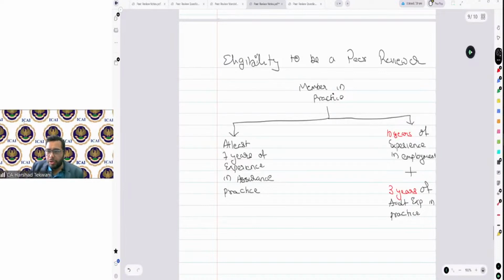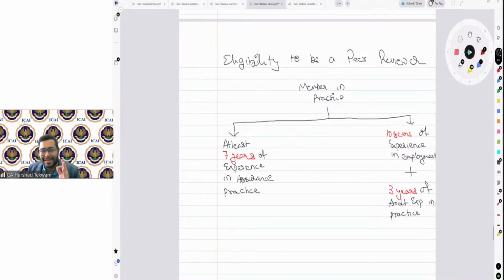So, as I said, either he should have at least 7 years of experience if he's in full-time practice since the start. If he's not in full-time practice and was earlier in employment, then at least 10 years of experience in employment plus 3 years of audit experience in practice after leaving the employment. So these are the eligibility requirements to be a peer reviewer.